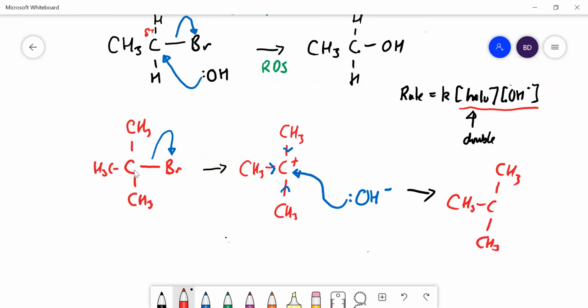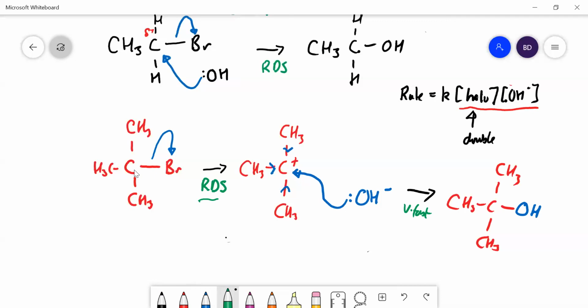Now this is the rate determining step, this one here. That is much, much slower than this one. This is very fast. So as soon as you form the carbocation, it doesn't really matter how much OH minus you have hanging around. It reacts so quickly, it's way faster than this first step. The supply of the carbocation is holding up the whole reaction.